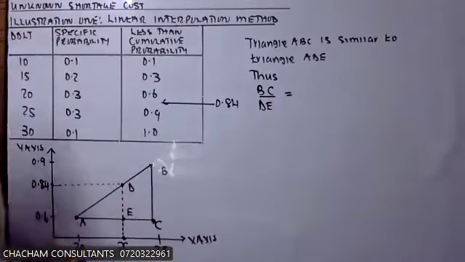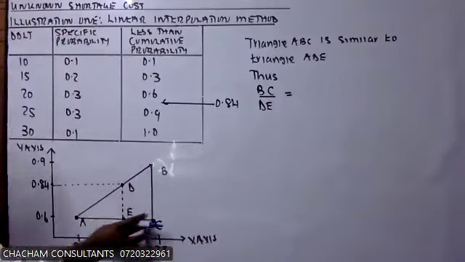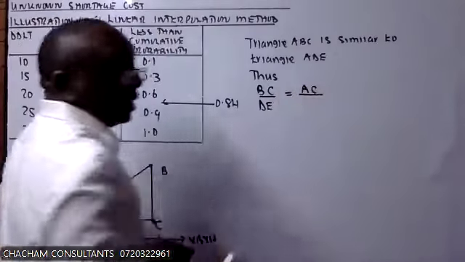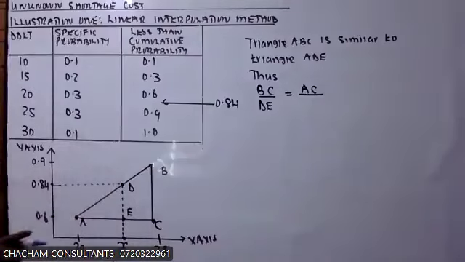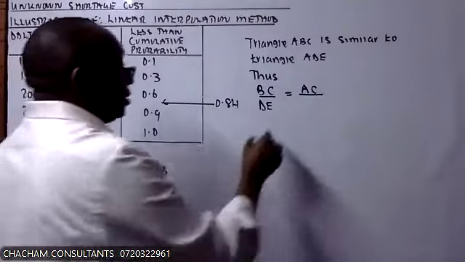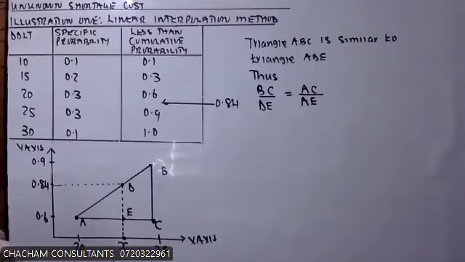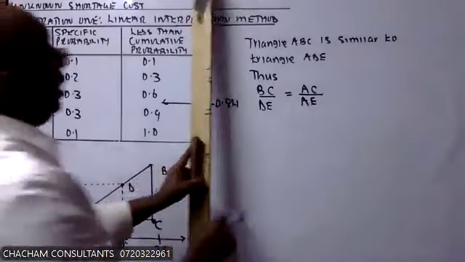The answer you get should be equal to, take this side, AC. The bigger triangle becomes the numerator. You divide by this one, AE, that is known. That is what is called the principle of similarities and congruency.